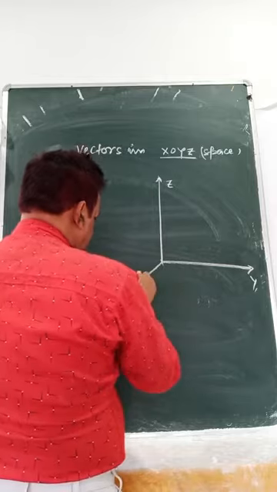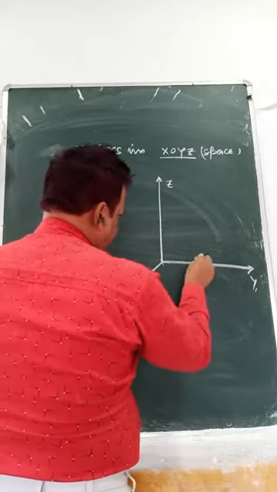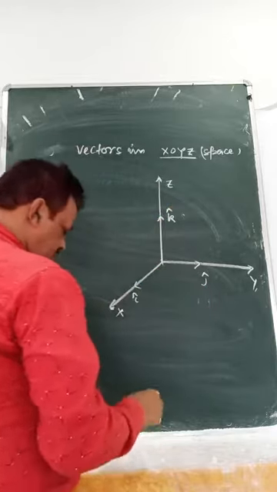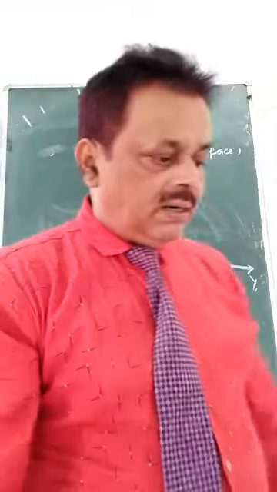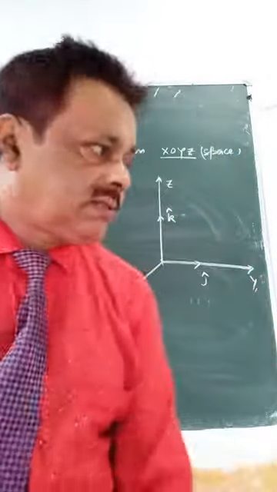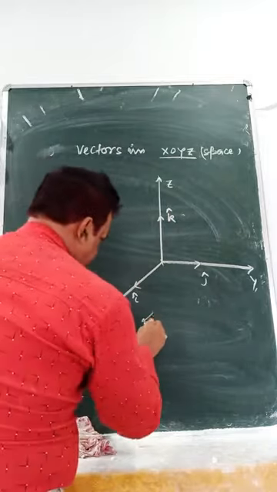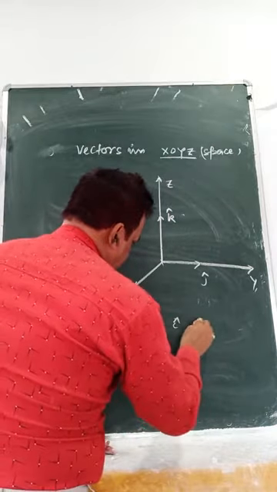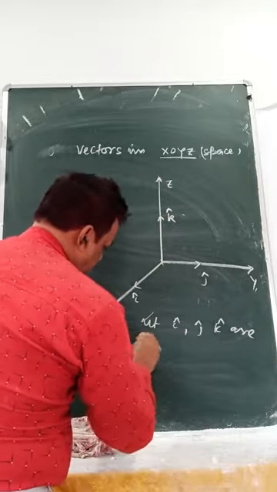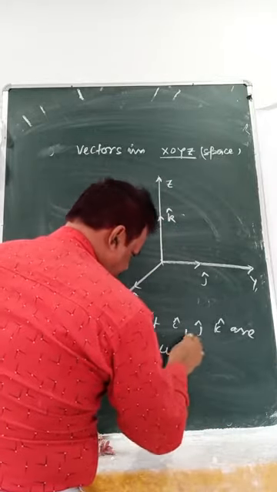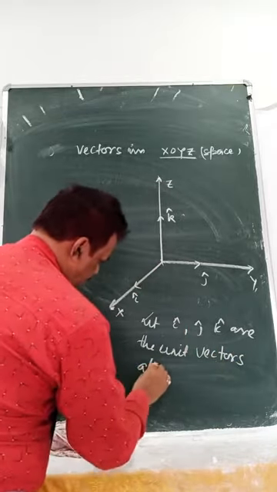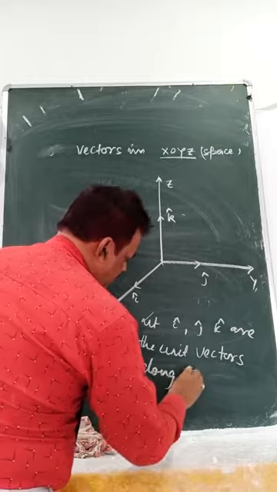Suppose I introduce i vector here, j vector here, k vector. So let i, j, k are the unit vectors along the coordinate axis.